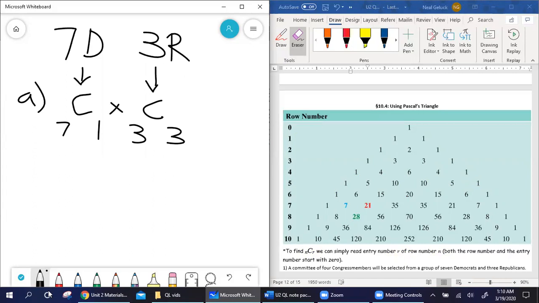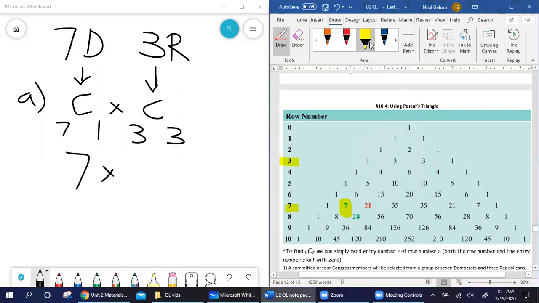Now, again, you're going to do this on your calculator, but I just want to show you how this works using Pascal's triangle. For the 7 choose 1, I'm going to go to row 7 and then 0, 1. So actually the number 7 is the answer for the combinations of 7 choose 1. And for the Republicans, I'm going to go to row 3 and over to 3.